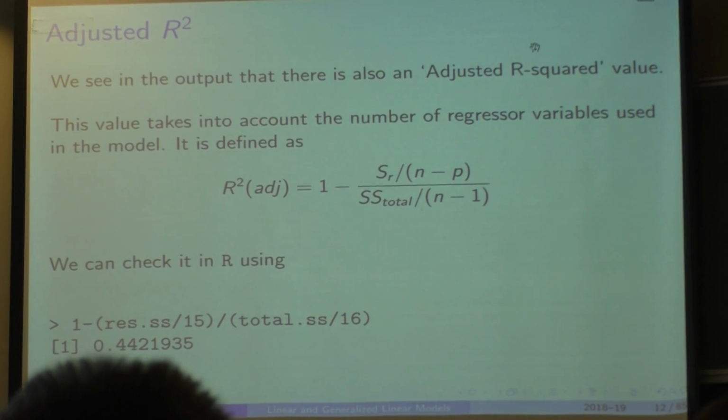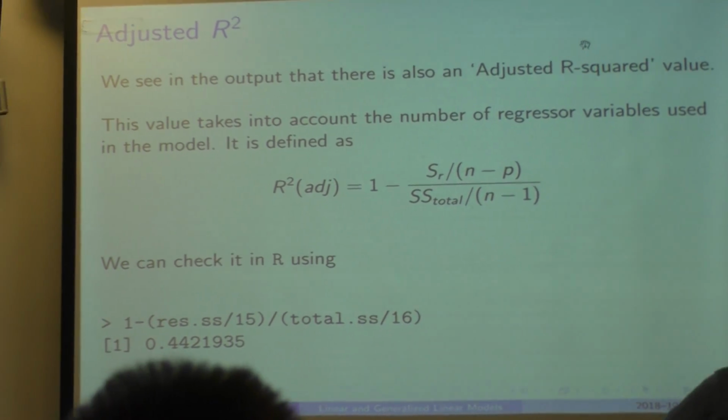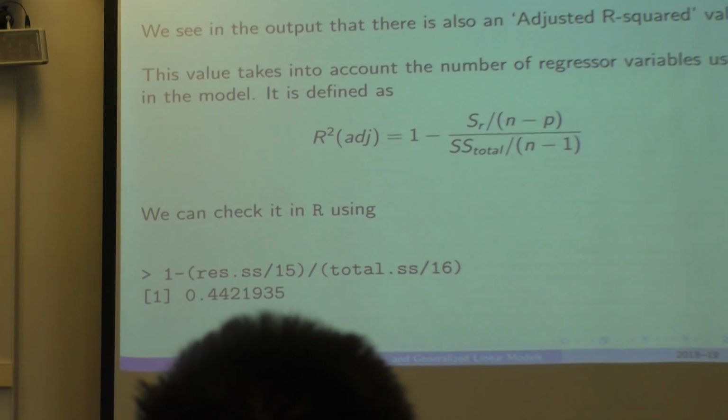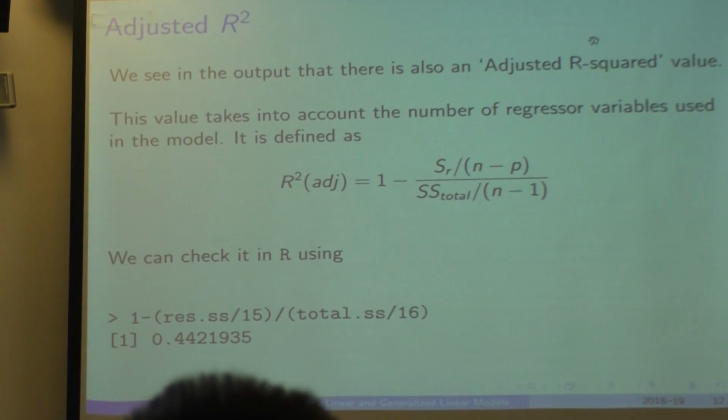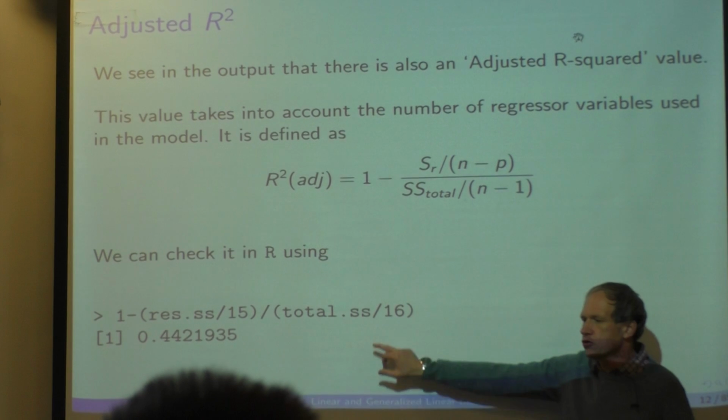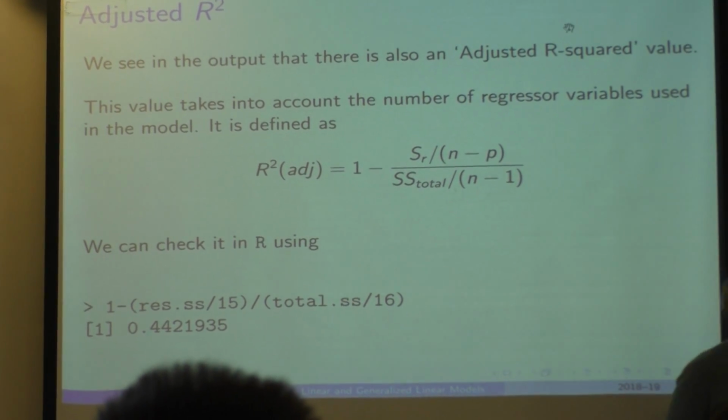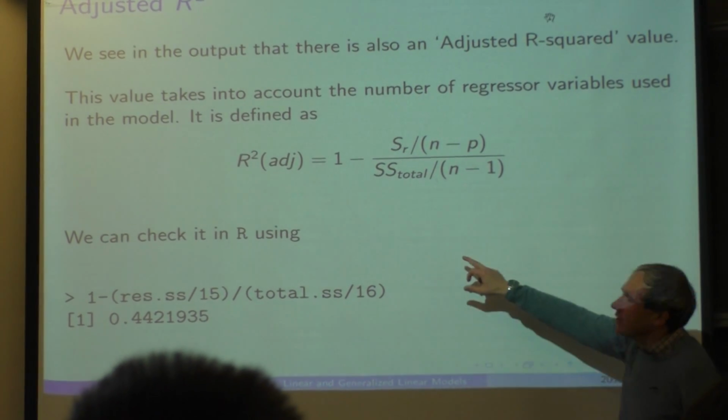So using the code that I had on the previous slide, which was for the original R squared, we defined res.ss and total.ss as part of that.